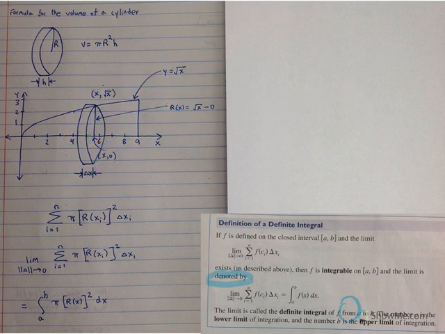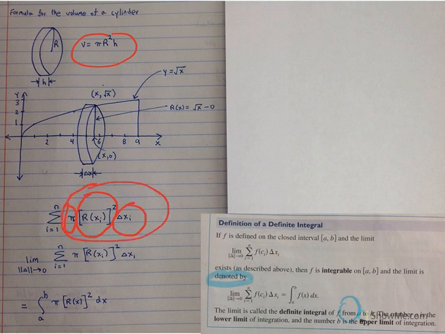So for a particular cylinder, you will apply this formula, and you will have pi times the square of the radius multiplied by the height. So this is going to give you the volume of a particular cylinder, such as the one that I've drawn here.